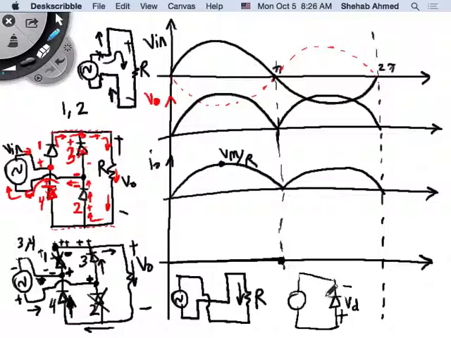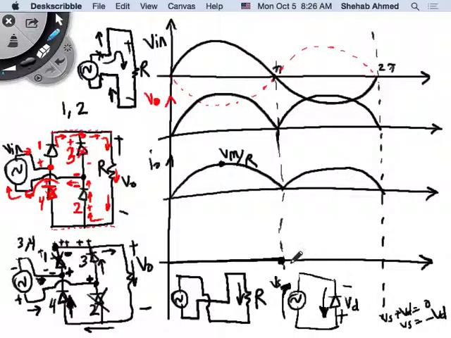And the supply voltage polarity is like this, but it's negative, right? So that means VS plus VD is equal to 0. So VS equals minus VD, or VD is equal to minus VS. So it should be this way.